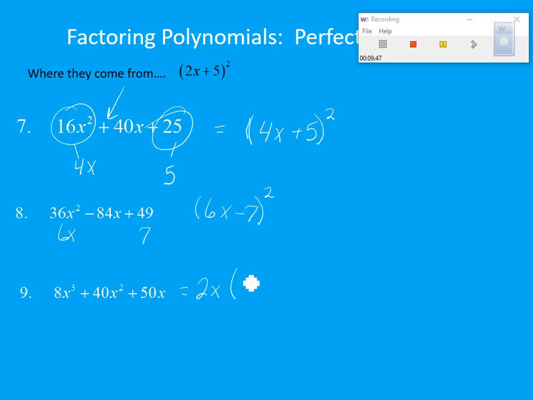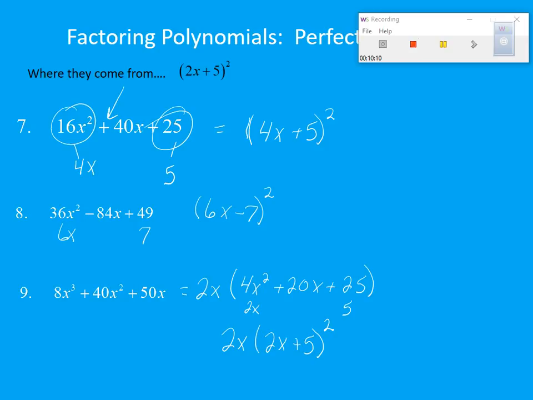Because now I've got 4x squared plus 20x plus 25. This square root is 2x. This square root is 5. 2 times 5 is 10, doubled is 20, so it fits our bill. So I've got 2x times 2x plus 5 quantity squared.